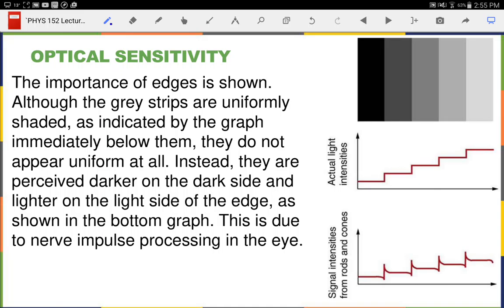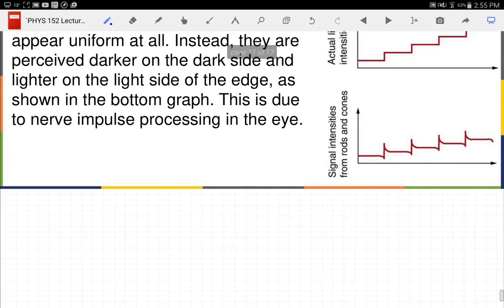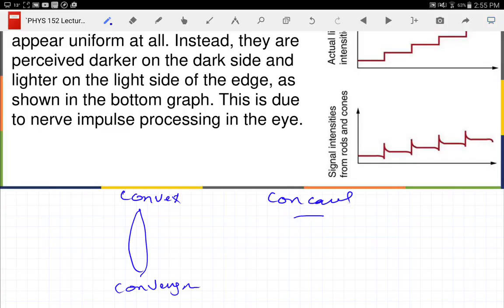And if it's convex, is that going to be converging or diverging? Converging. That's right. So this is convex or converging. And then I have this here. It's concave. Diverging.